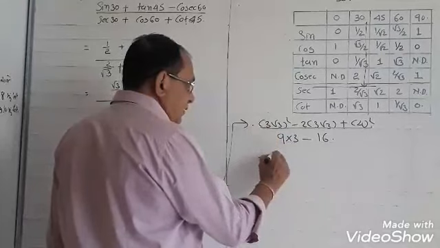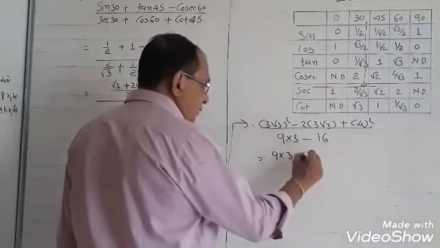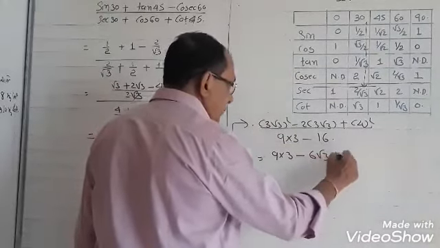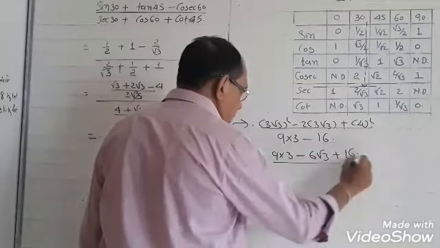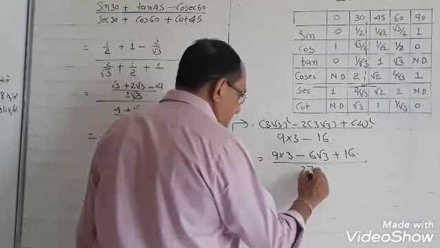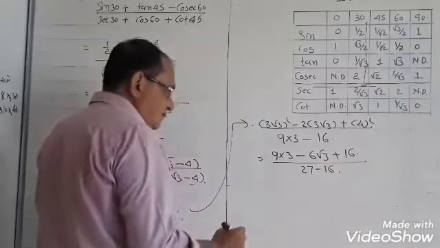So here 9 into 3 minus 6 root 3 plus 16 upon 27 minus 16.